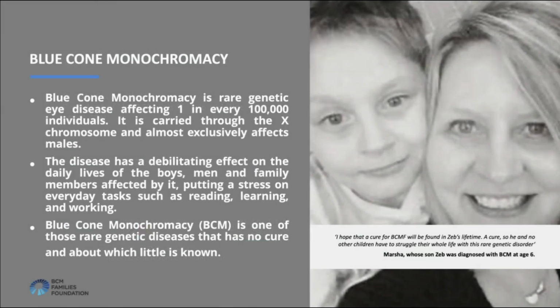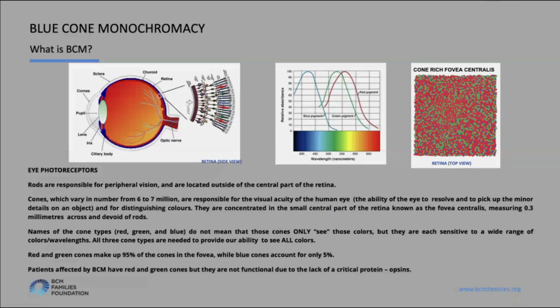And what is blue cone monochromacy? It is a rare genetic eye disease affecting 1 individual in every 100,000. It is a debilitating, lifelong disease. What is exactly BCM?